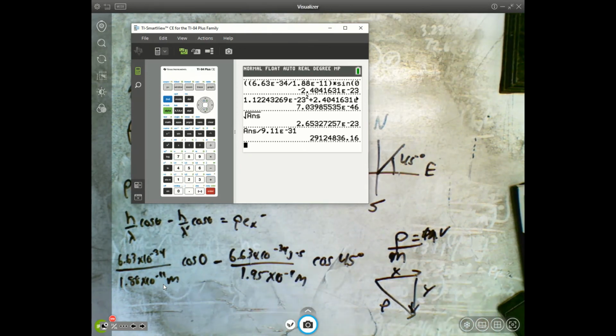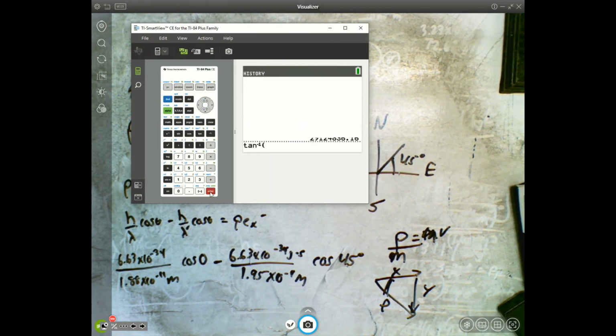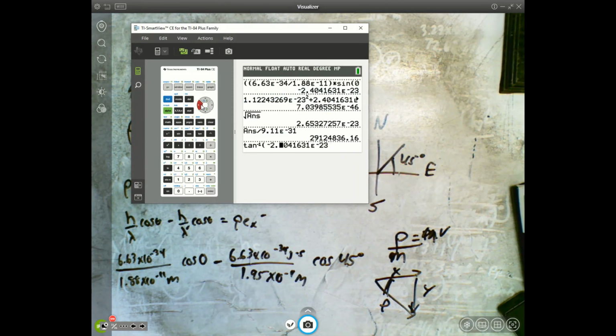this is our x and this is our y here. So we want to find this angle. So we're going to have to do tan inverse of our y, divided by our x.